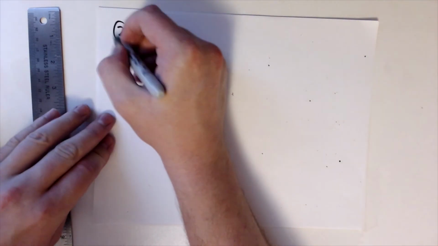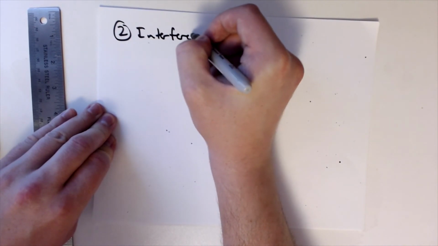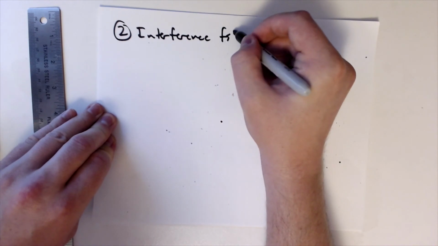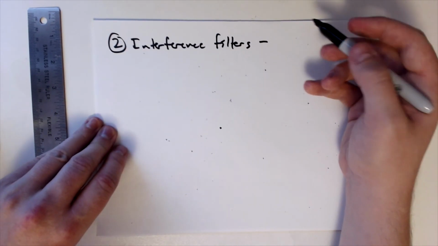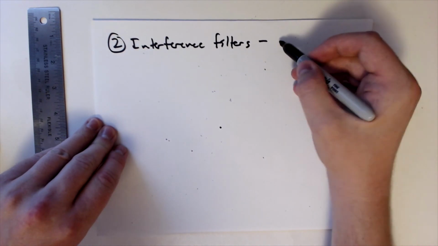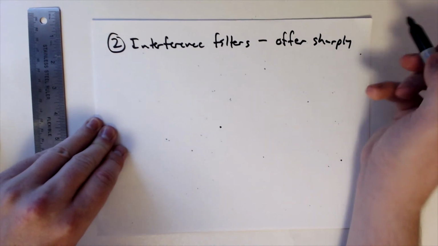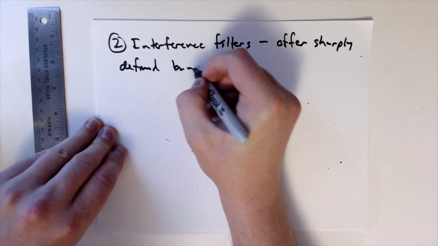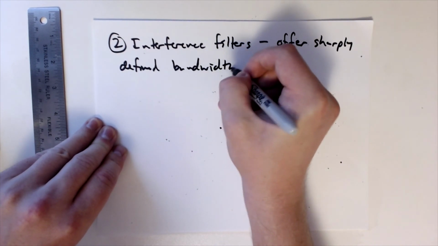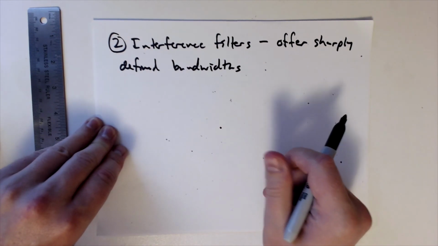So now the other one that we want to talk about, number 2, is interference filters. So that's the second type that we have. So what these do is offer sharply defined bandwidths. So instead of a spectrum, it's just a specific bandwidth.